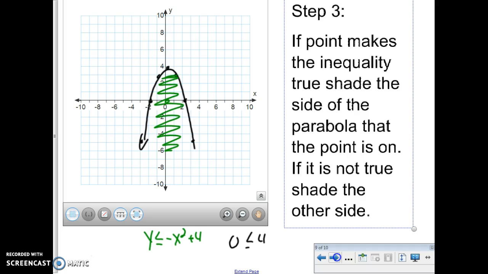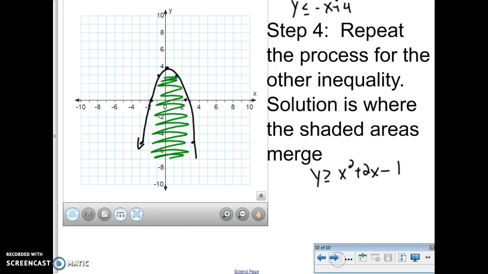And then I'm just going to repeat the process for the other inequality, y equals x squared plus 2x minus 1. In this case, I know it has a y-intercept at negative 1, and it has an axis of symmetry at negative 1. My vertex will turn out to be negative 1, negative 2.